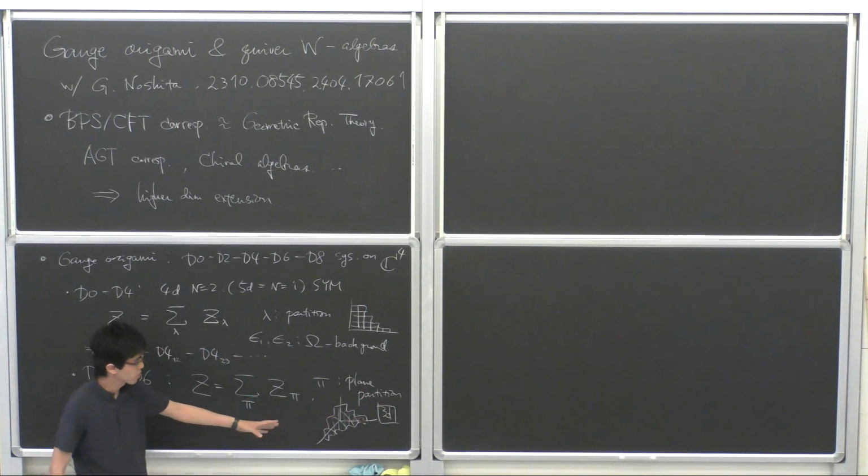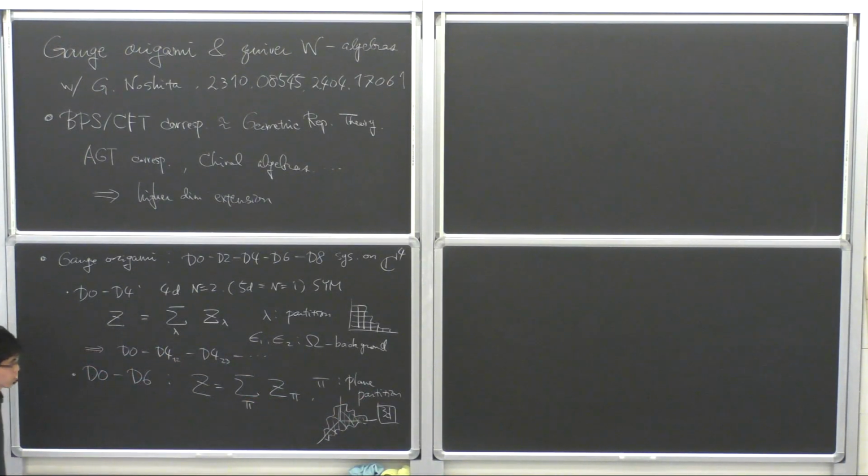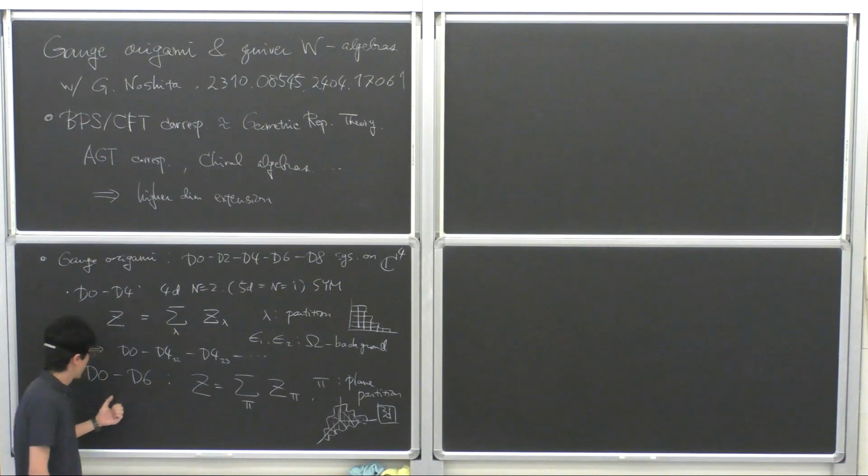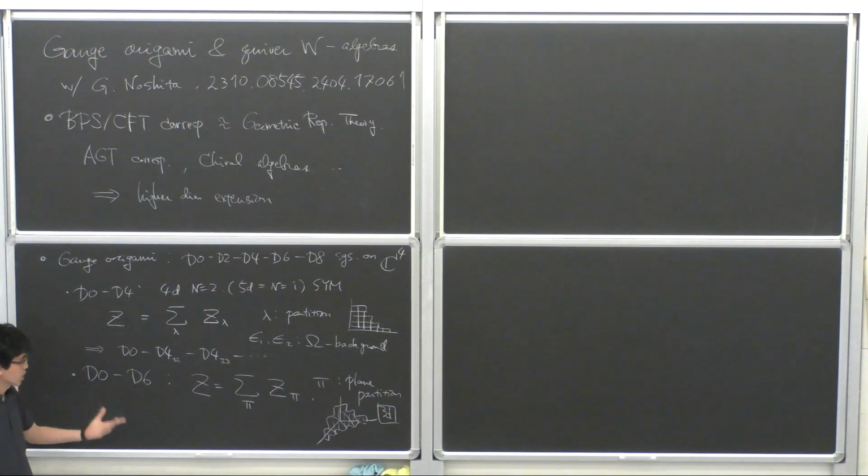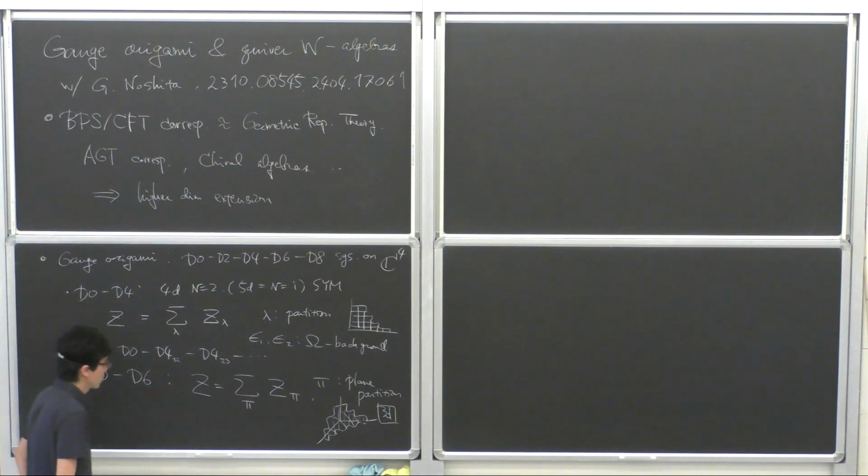That's why we have a 3-dimensional analog of partition, which is called a plane partition. This is studied in many contexts, for example, in the DT invariants of 3-folds, and similar configurations are studied in the context of the topological vertex. Yes. But now, okay.